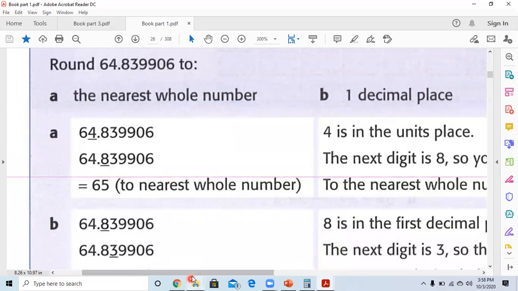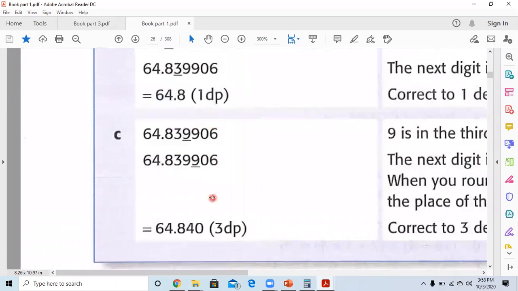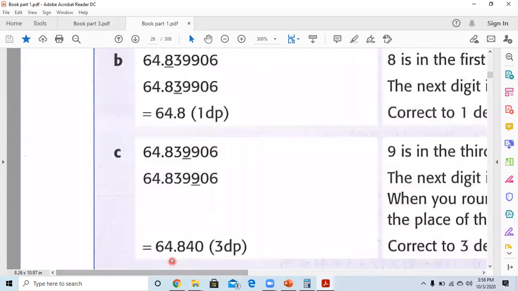Now next, the third part is three decimal places. Three decimal places means you must have three numbers after the point: 1, 2 and 3. So we check the fourth decimal place. Is it more than 4? Yes, so we add 1.